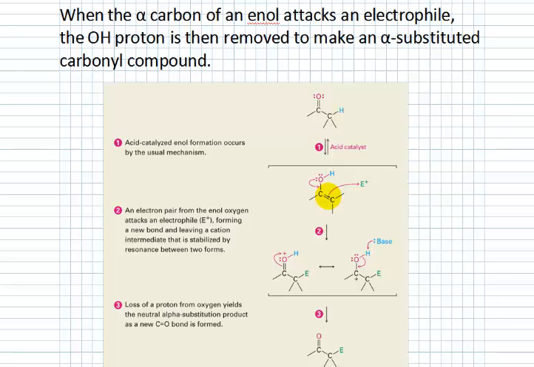So a good way to draw this mechanism here is to start out with oxygen donating electrons down in. Right? So you've got the enol, the O lone pair donates in between the C=O bond. That causes the C=C double bond to attack an electrophile, and the attachment is at the alpha carbon.